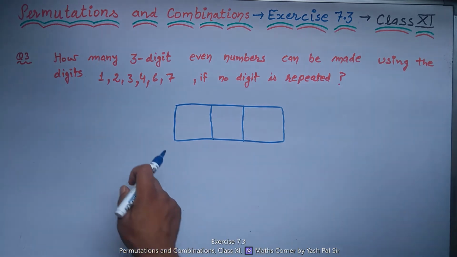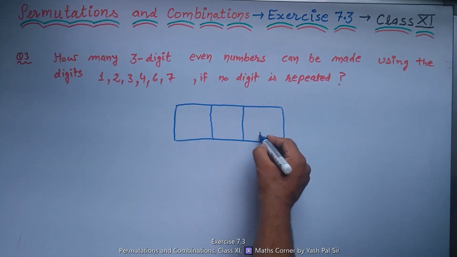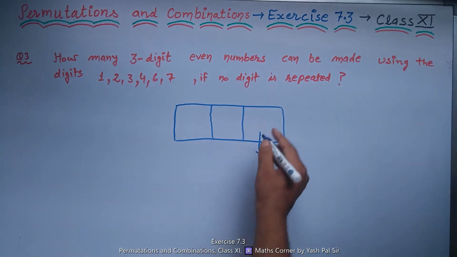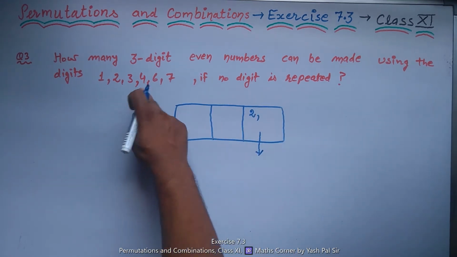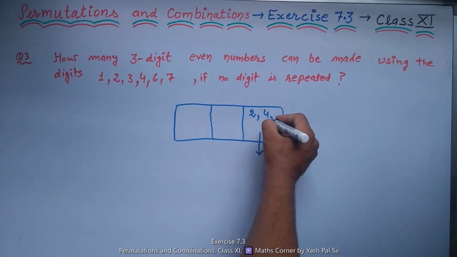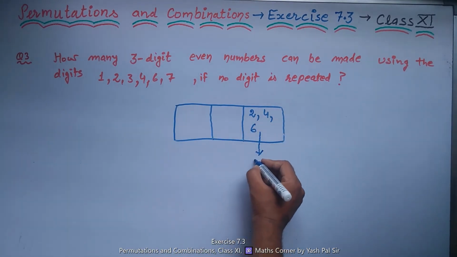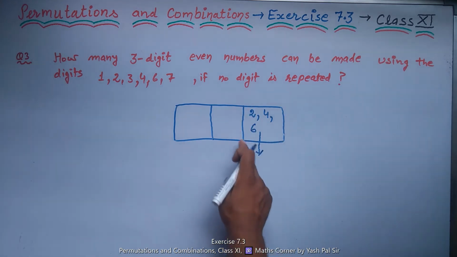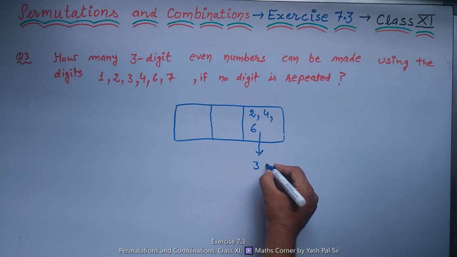The very first thing is, in order to make an even number, we should have only even digits at the end. So either we can place 2, or 4, or 6 here. That means only 3 digits can take place at the ones place. So we have only 3 choices.